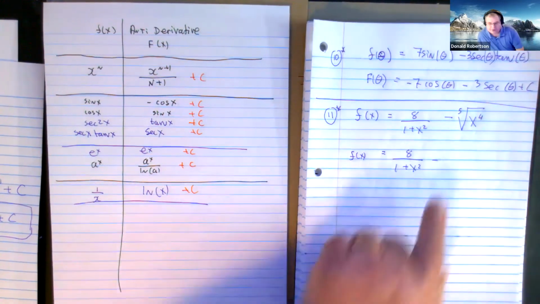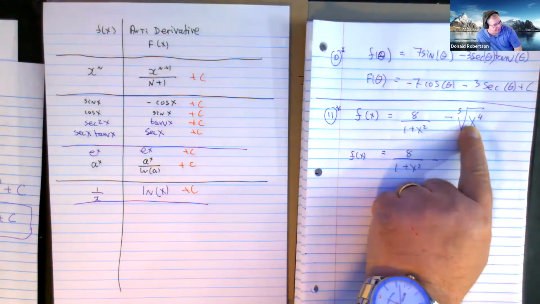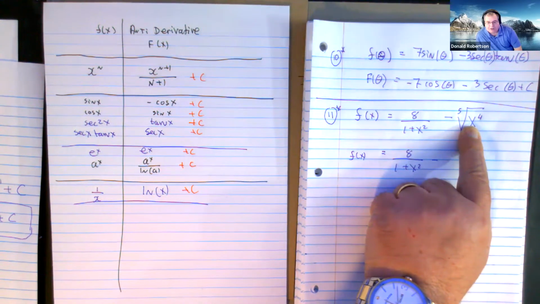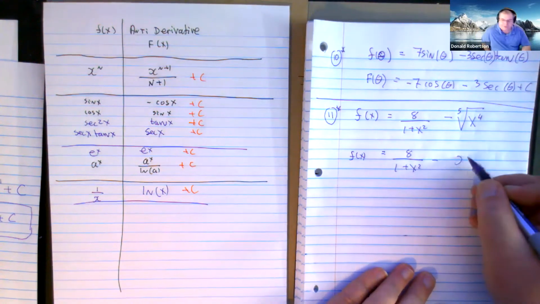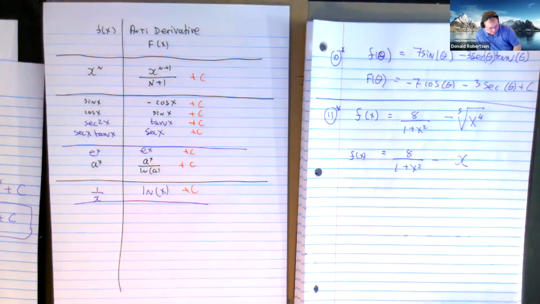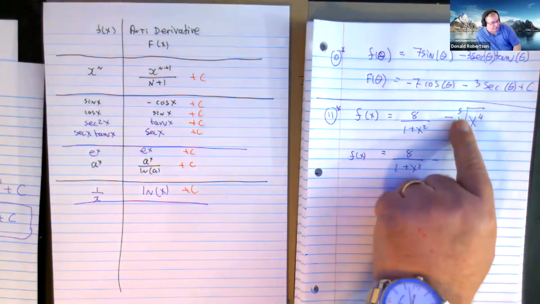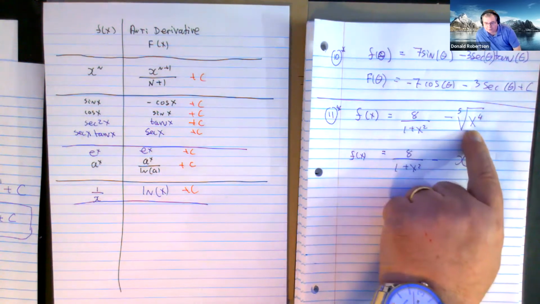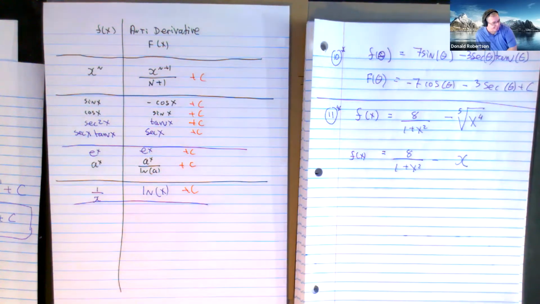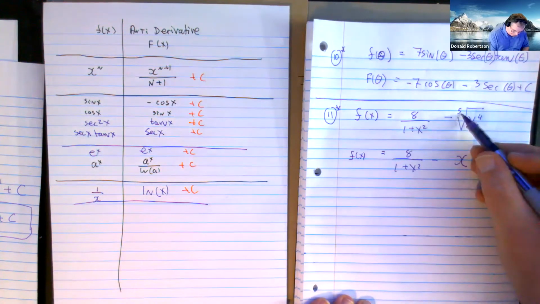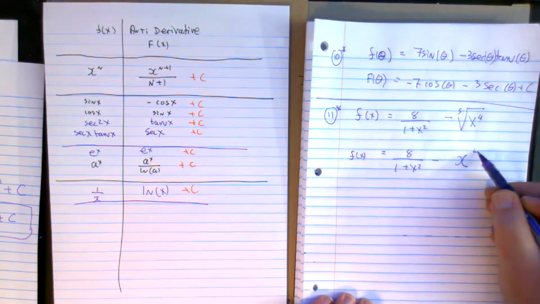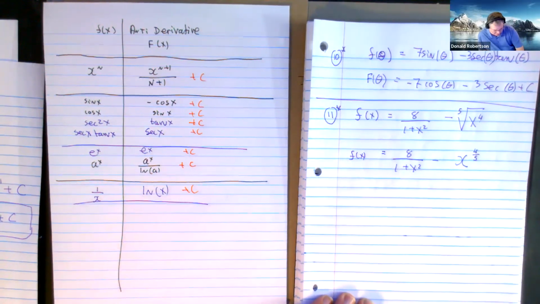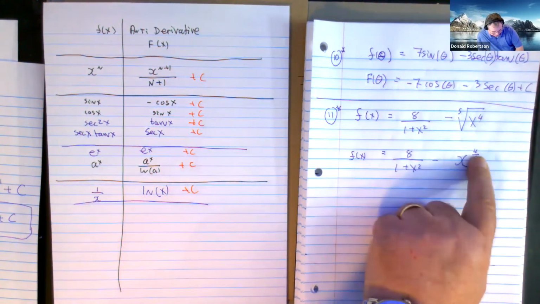On the other hand, this horrible fifth root of x to the 4 is no use to me if I want to find antiderivatives. I need to turn it into a fractional power of x. You would have to do that if you wanted to differentiate as well. What fractional power of x is this? X to the 4/5. Nailed it. The root goes in the bottom, the power goes in the top.